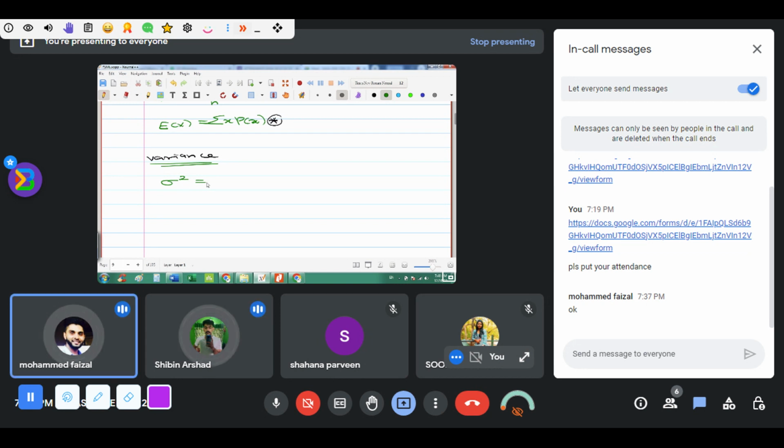What is the formula of variance? Sigma f times x minus x bar whole squared, divided by sigma f, or x minus x bar whole squared divided by n. This is one formula.